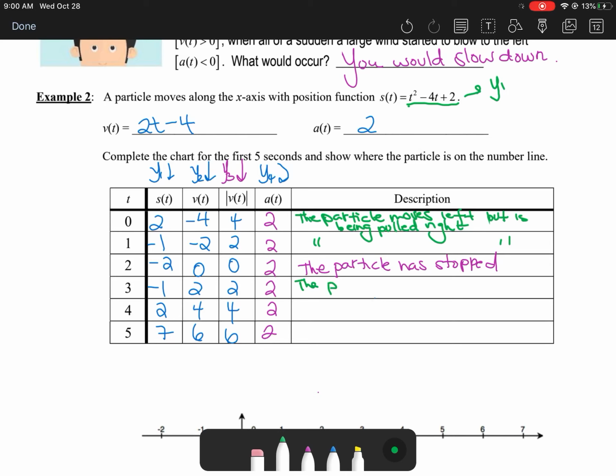Okay, so that means the particle moves right and is being pulled right. And then that would be the same for t equals 4 seconds and t equals 5 seconds. So those are all the same.